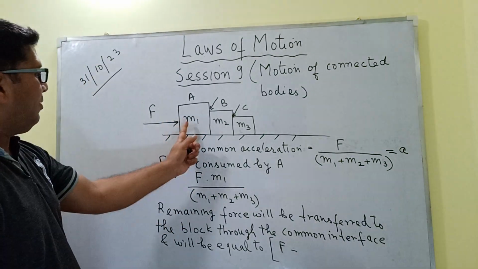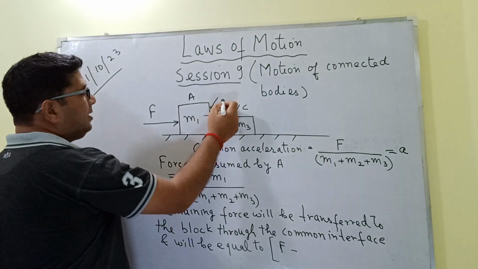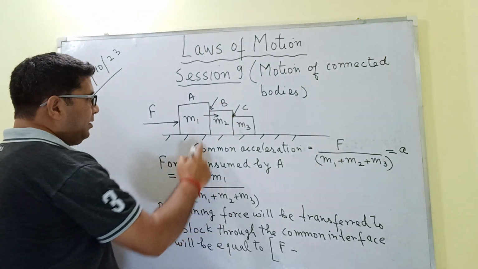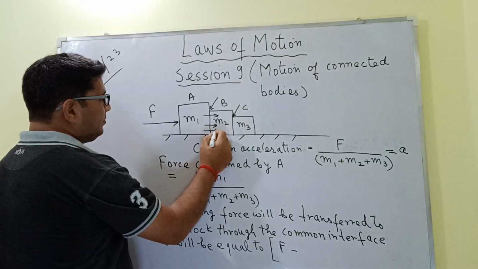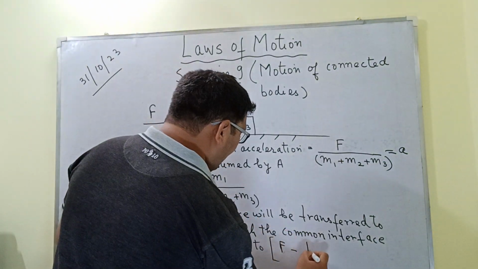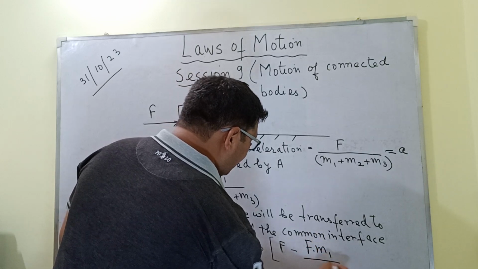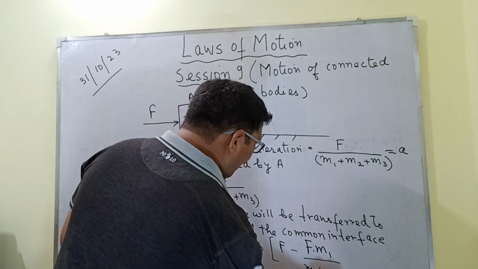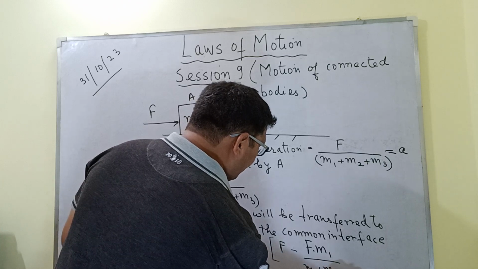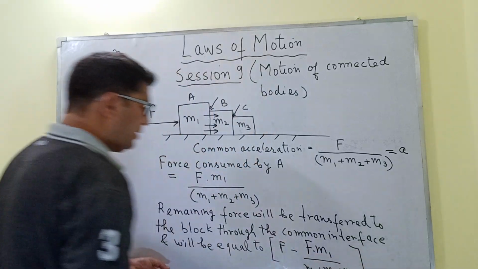So the remaining force क्या होगा? It will be transferred to this body, that is the block B, through this common interface. ठीक है, and this will be equal to F minus F m1 divided by m1 plus m2 plus m3. ठीक है.